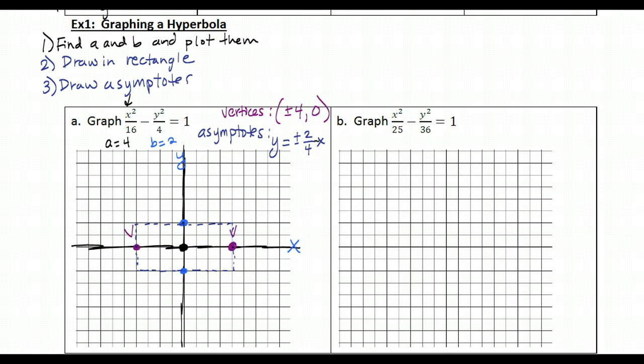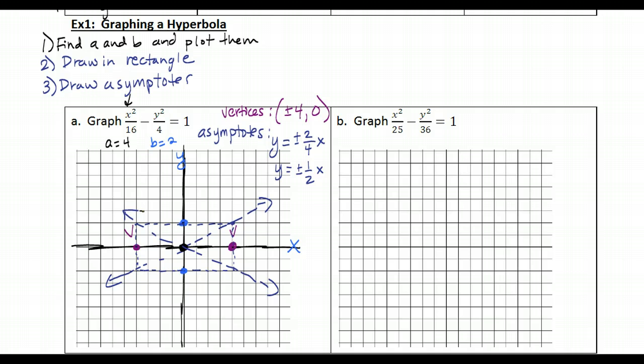Up 2, right 4, or down 2, right 4. So that turns into 1 over 2x. So I'm going to draw that line. So it starts at 0, 0 because it has a y-intercept of 0. Up 2 over 4. Down 2 over 4. And here's my other one. So I've drawn in my asymptotes.